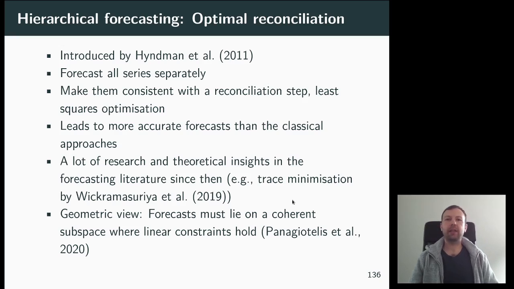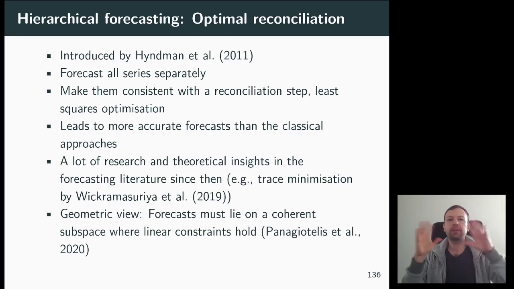Now in 2011, there was this paper that introduced the optimal reconciliation. So the idea is, instead of doing top-down, bottom-up, middle-out, we forecast all the series across the hierarchy. And now we get all these forecasts, but these forecasts don't add up correctly, right?